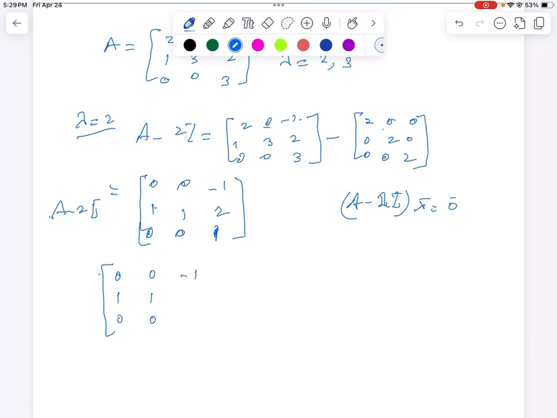This is our matrix, augmented with the 0 vector. Now do the row operations. The first one is to swap the rows because we need a 1 in the first pivot position, so we swap R1 with R2. This gives us 1, 1, 2, 0, and then 0, 0, negative 1, 0, and the last row is 0, 0, 1, 0.